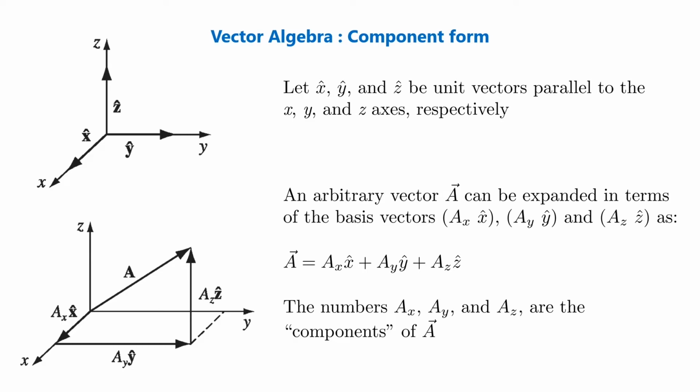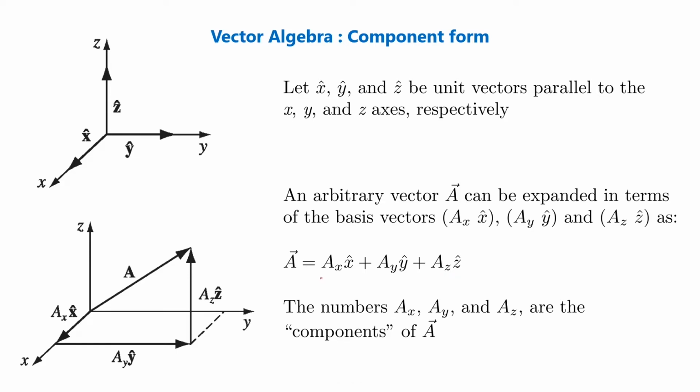An arbitrary vector A can be expanded in terms of the basis vectors ax times x hat, ay times y hat and az times z hat as vector A equal to ax times x hat plus ay times y hat plus az times z hat.